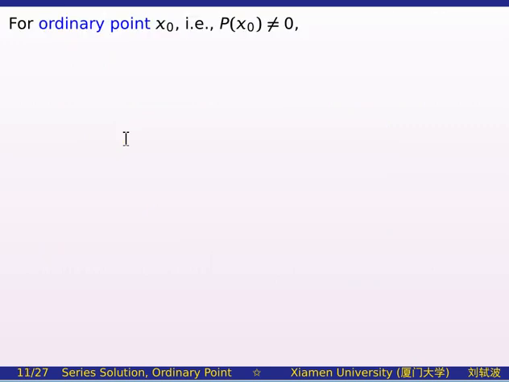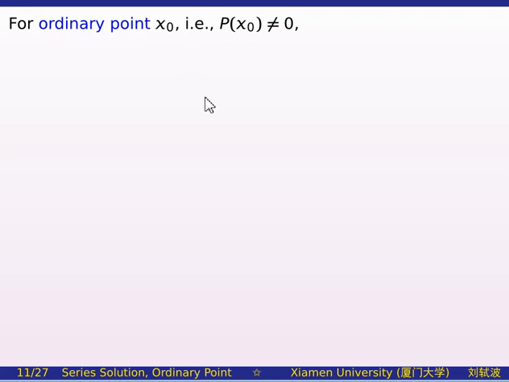Okay. So p(x0) is not 0, so x0 is an ordinary point. By continuity, we know that p is not 0 in a neighborhood of x0. Because p is a polynomial, it is continuous. A continuous function that is not 0 at some point will be not 0 in a neighborhood of the point.